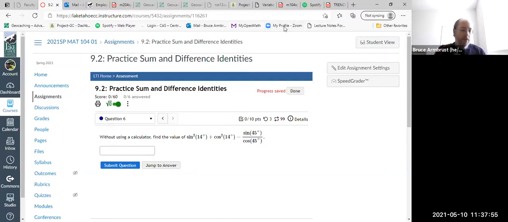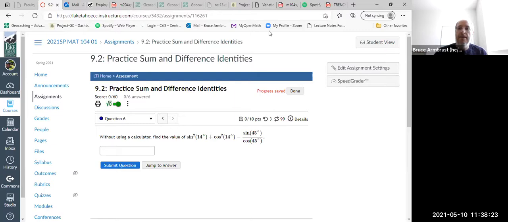So we got sine squared of 14 degrees plus cosine squared of 14 degrees minus sine of 45 over cosine of 45. Okay, now the 45-degree ones, we actually know those values. Those are on our chart. So we could go ahead and go to our chart and get those values, but I'm not going to yet.